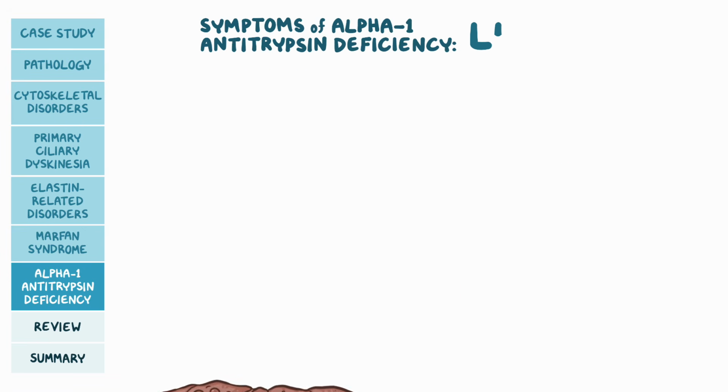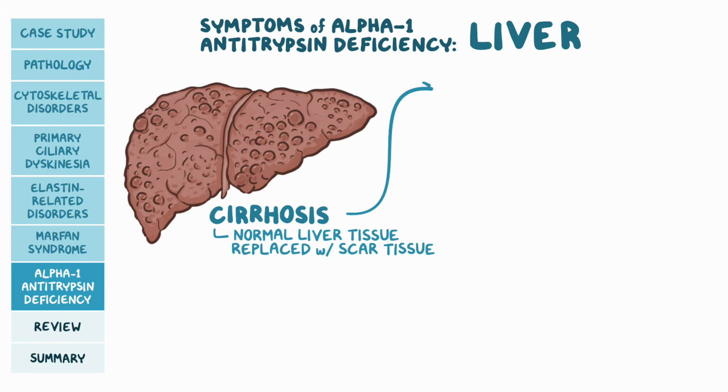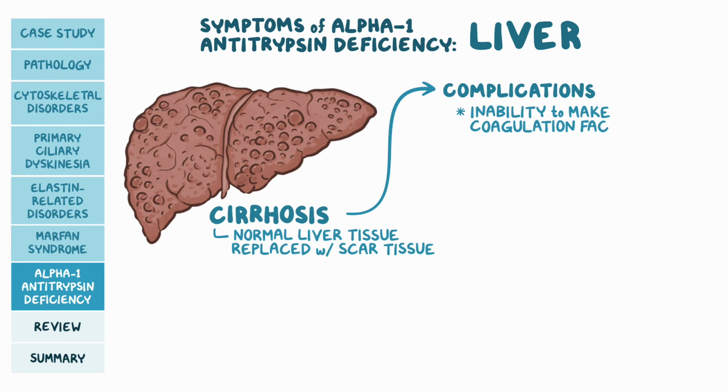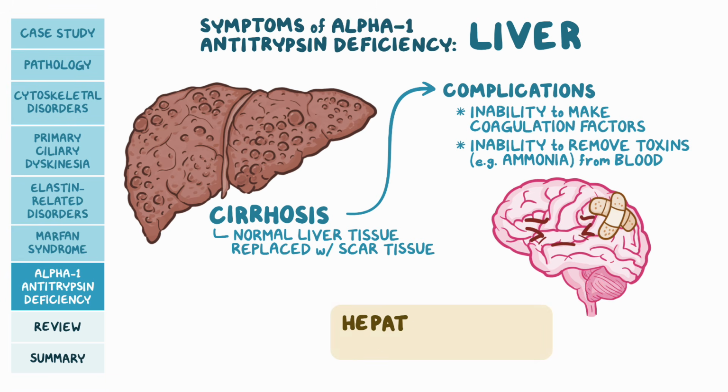On the other hand, liver damage causes cirrhosis, a process in which normal liver tissue is replaced with scar tissue. Ultimately, cirrhosis can lead to a number of complications, including an inability to make coagulation factors, as well as inability to remove toxins like ammonia from the blood. These toxins can build up and harm tissues like the brain, causing hepatic encephalopathy.